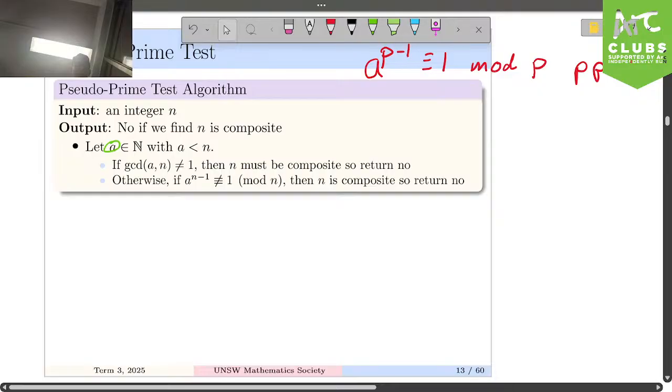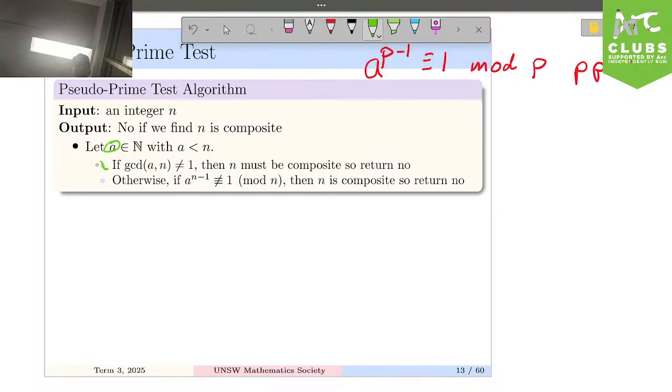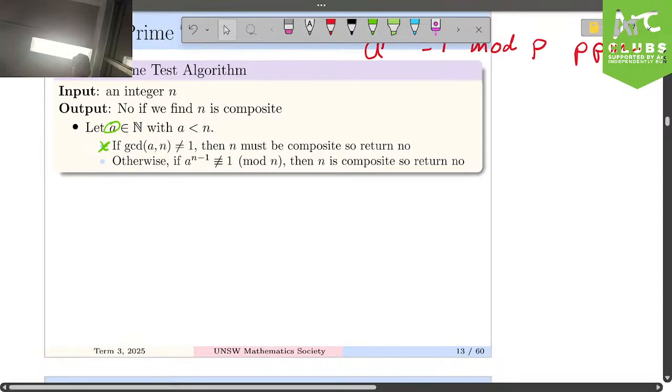Firstly, we're going to say, okay, A, are you co-prime with n? And it better be, right? If it's not, then A would say, no, I divide n, and so n is definitely composite. Otherwise, let's say it is co-prime, so we've picked our witness well enough that we go on to the next test.